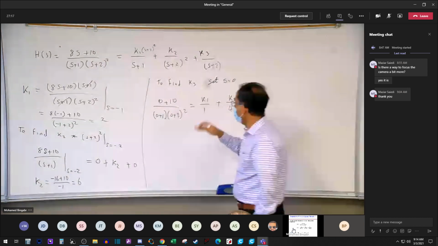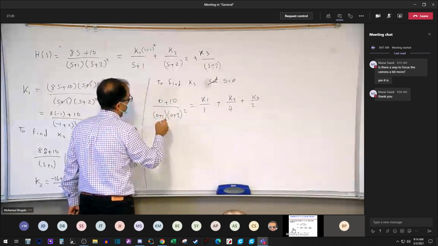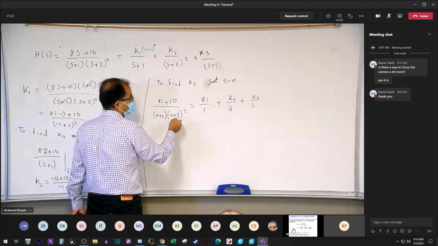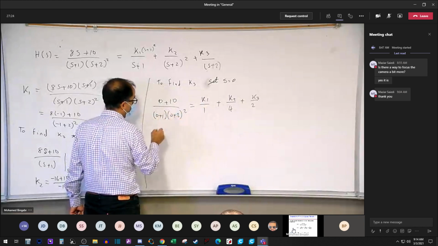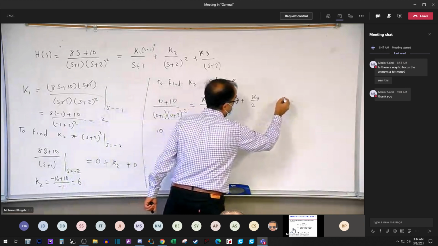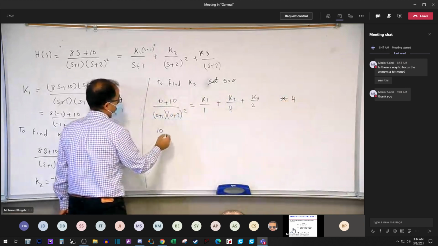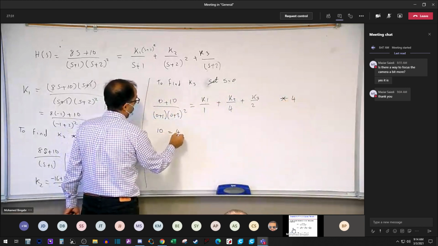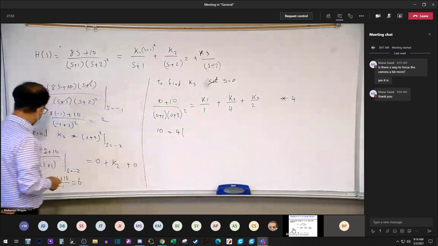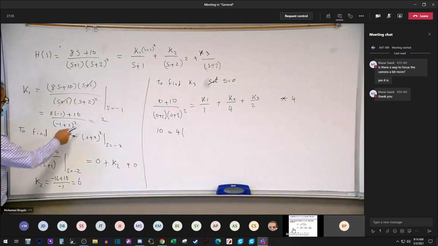And I will multiply everything by 4 just to get rid of the denominator. This is 4, so this will be just 10. Multiply everything by 4, so that would be 10. K1, I already found it to be 2.